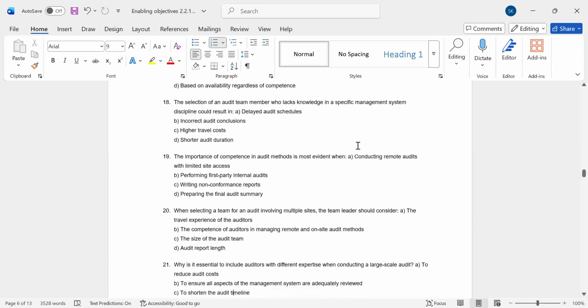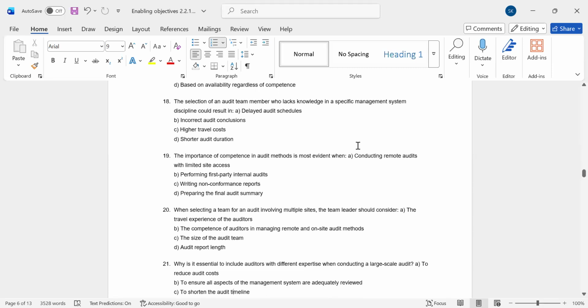Sir, C and D both are very close, like writing non-conformance and preparing the final audit. The final audit summary is not talking about the audit report, and it is only preparing. But the question is asking for audit methods.